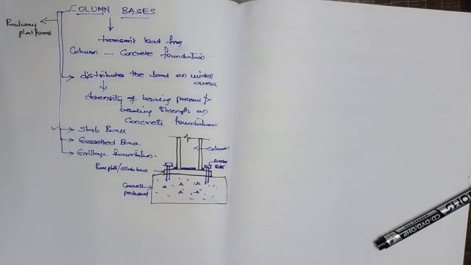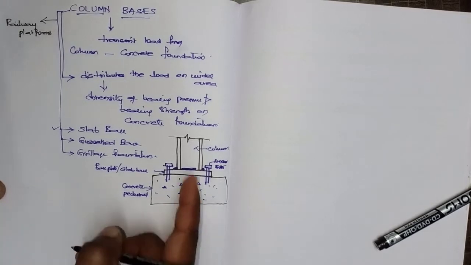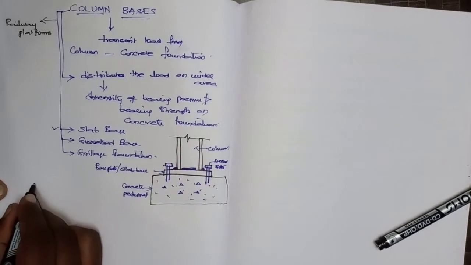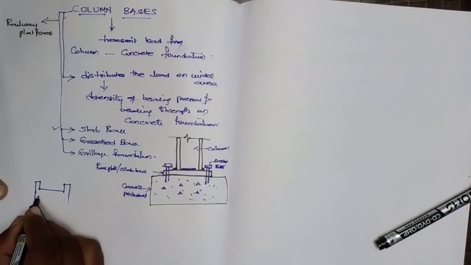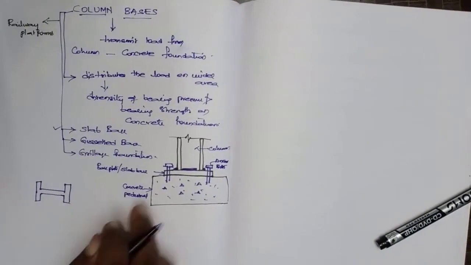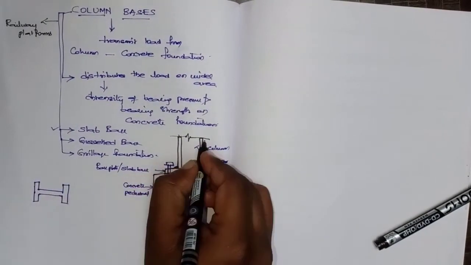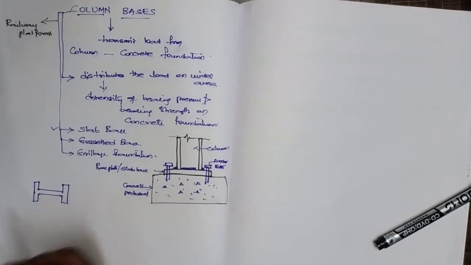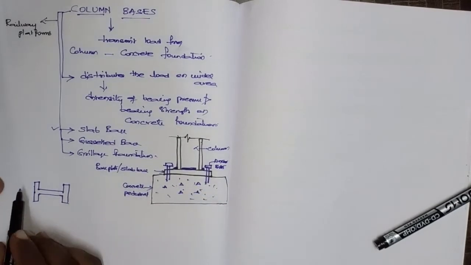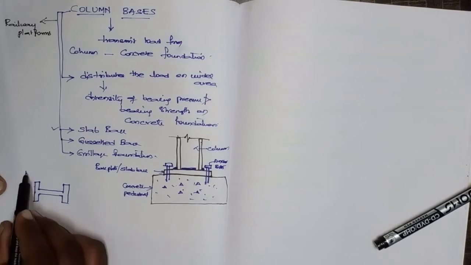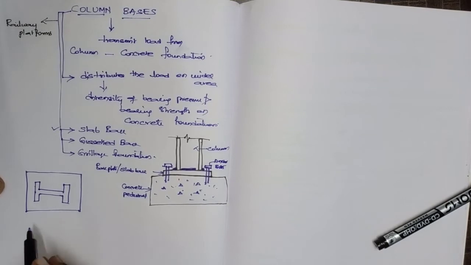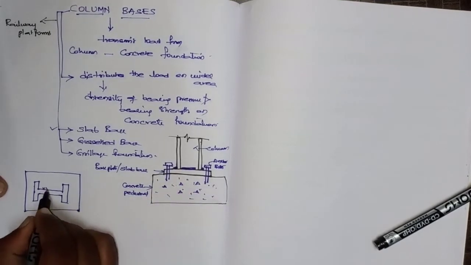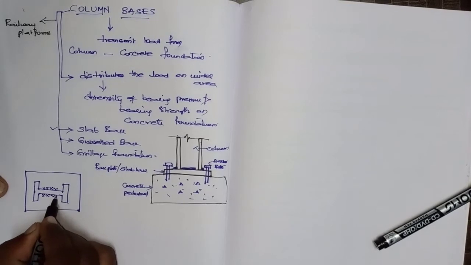Okay. Now if I see the top view of this section, this is the I section, and it is placed on the slab base. This is welded here, and here.